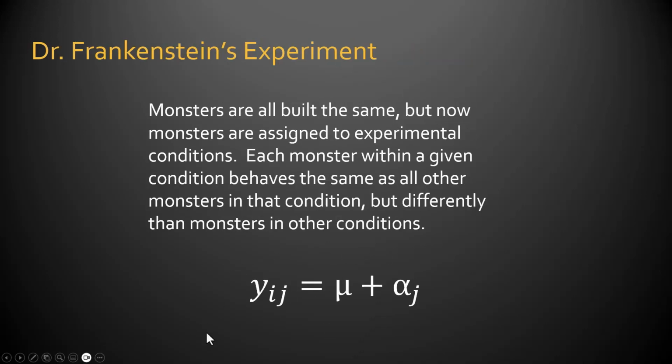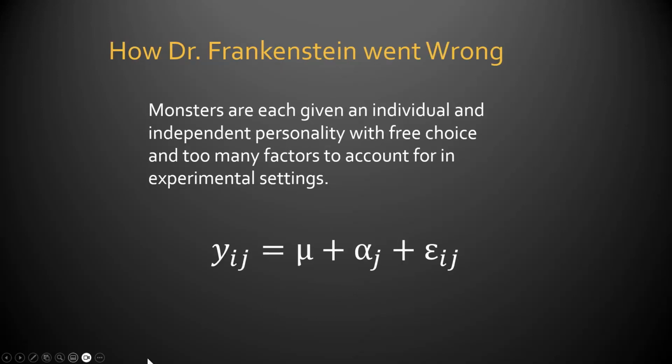Back here was our original model that we wanted to use, but now we have to account for the fact that we're going to have things not in that model, and we're going to put it in now as error or residual. That is, the alpha is what's of primary interest here. I want to understand the effect of being in that treatment condition, but that's not going to tell me everything about this score, so I have to put in an epsilon.